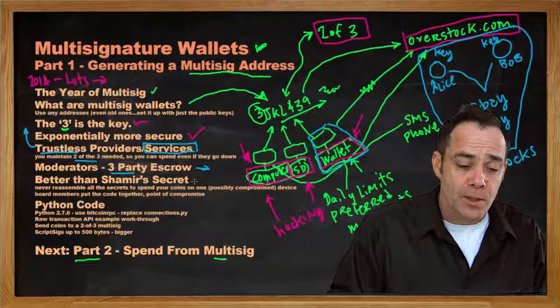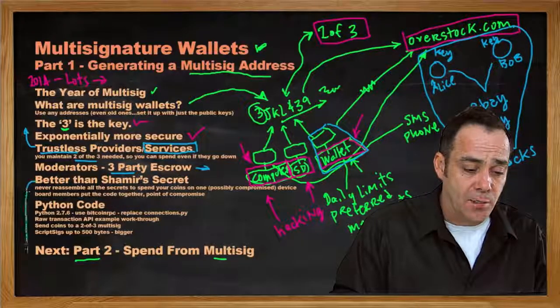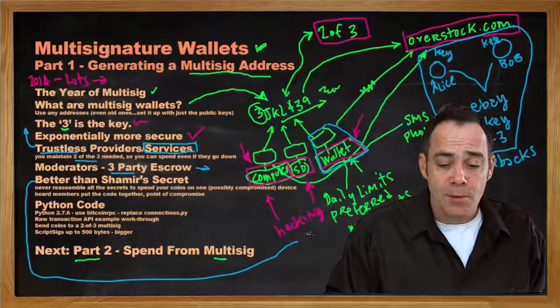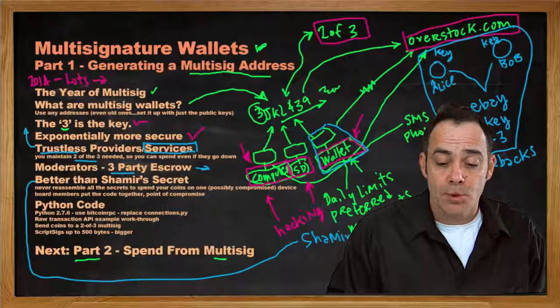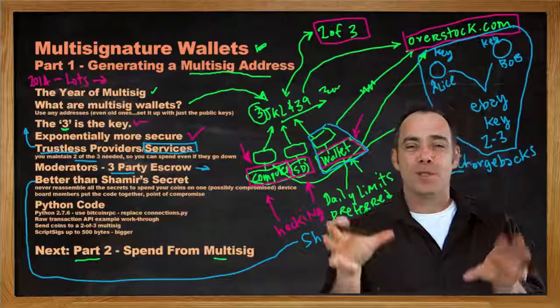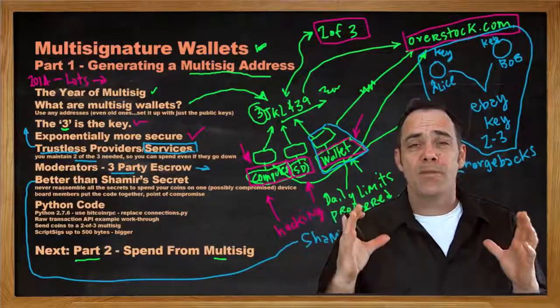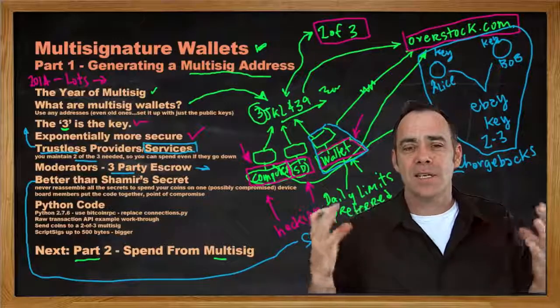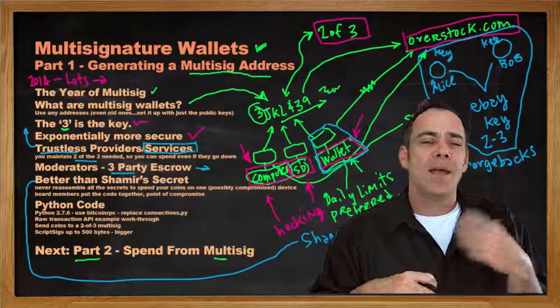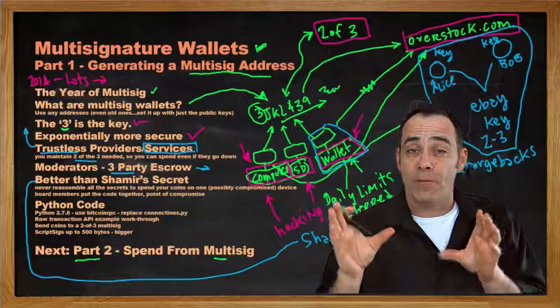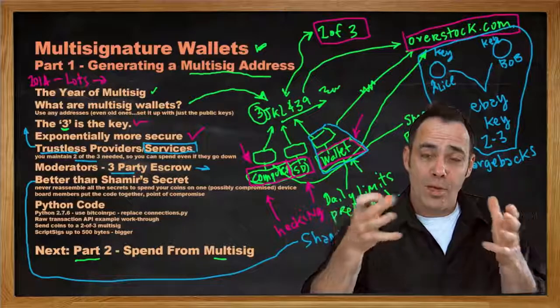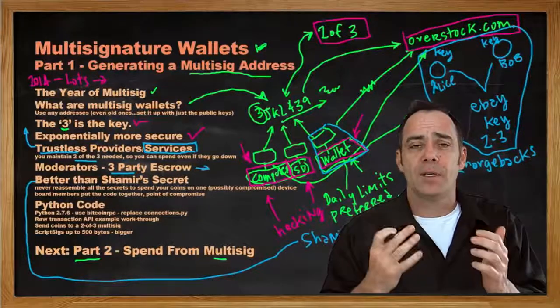Okay, and other people have mentioned that, oh, well, there's this other idea called Shamir's secret. And Shamir's secret is, admittedly, just a beautiful name. And it sounds so provocative, right? Shamir's secret. And it's basically a system where you can have 1 private key, for example, on 6 pieces of paper. And any combination, say for example, 4 of those pieces of paper will give you back the original private key.